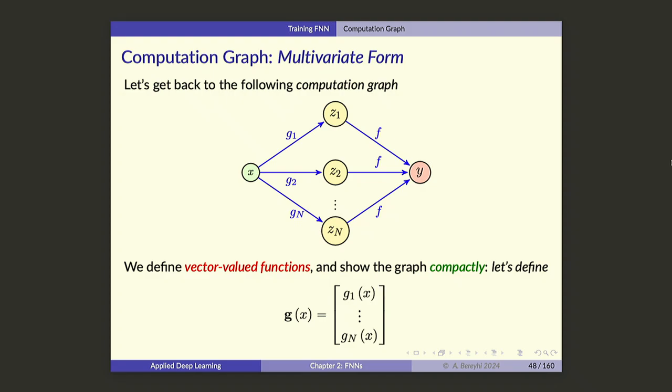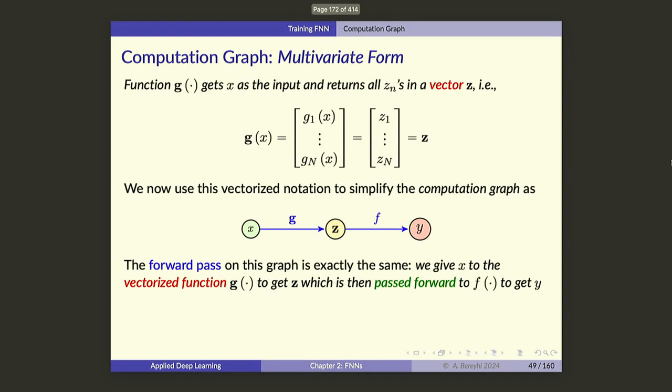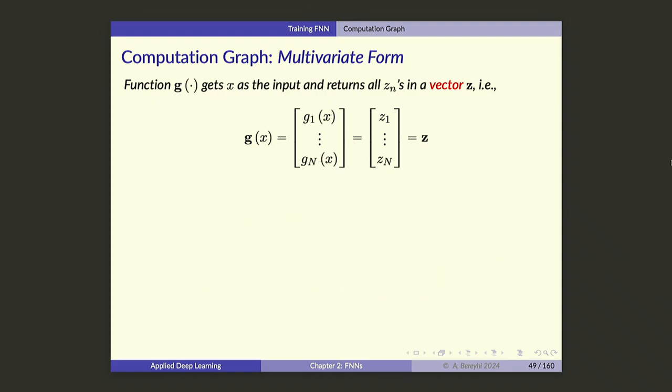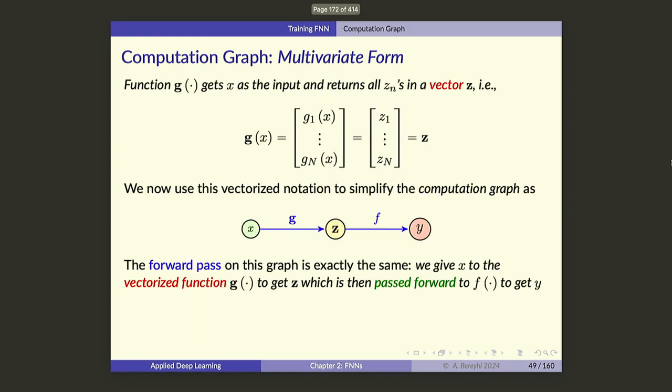So you give x, you get a vector at the output, right? If I define it like this, then I can represent the computation graph in a more compact form, so instead of having all of those branches, I can use this notation, right?